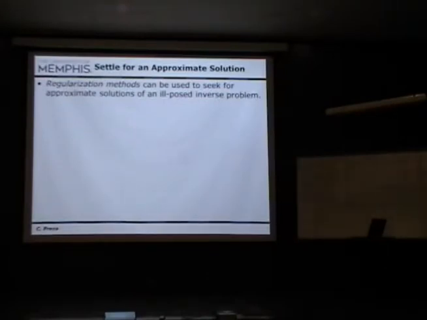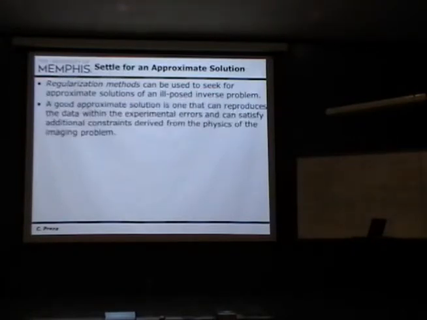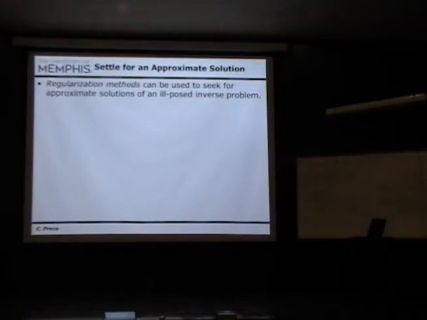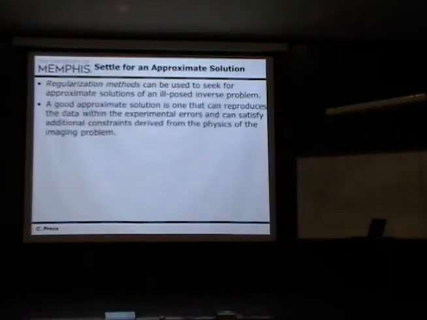One that avoids this inherent instability, if you will, of the ill-posed problem. So in most cases in imaging, approximating a solution means that we give up some of the resolution. We have to settle for images that are a little more blurry. So that's the trade-off.